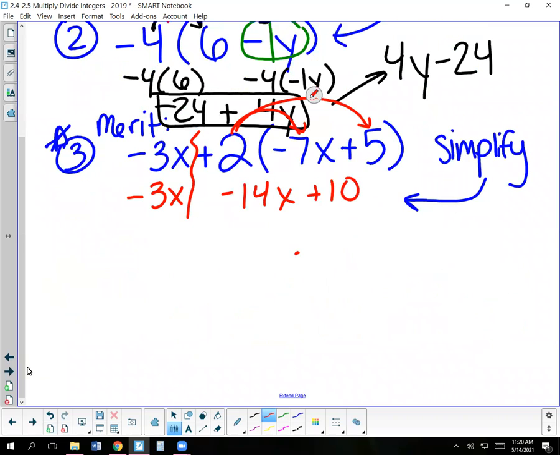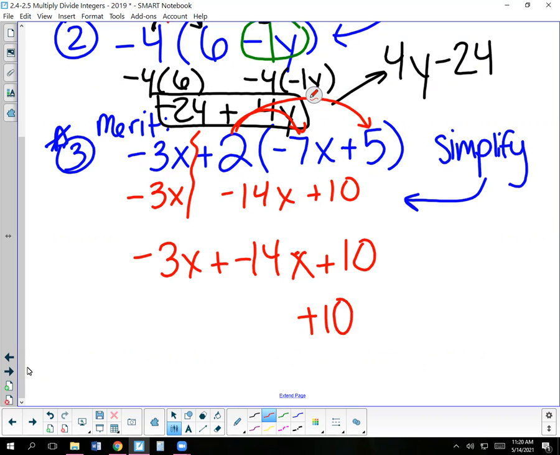So now I can't add those together. I have now a negative 3x and a negative 14x and a 10. Nobody goes with 10, that's my constant. It's done, I can't do anything else with that. So therefore I gotta do the rule with adding. So they are all bad, so I add, but I keep the sign.